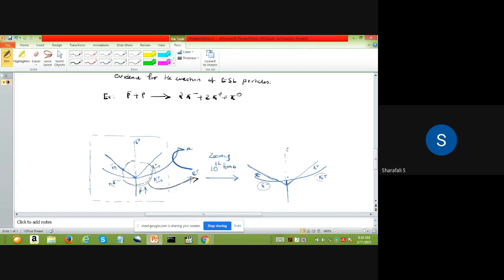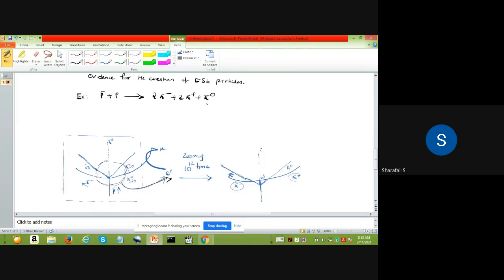So here there is one extremely short-lived particle, which is the omega particle, and this interaction will be p bar plus p going to omega plus pi minus plus pi plus. And later this omega will decay into another pi minus.